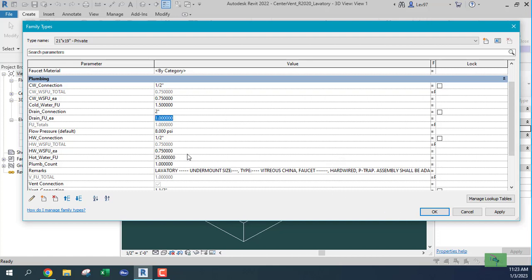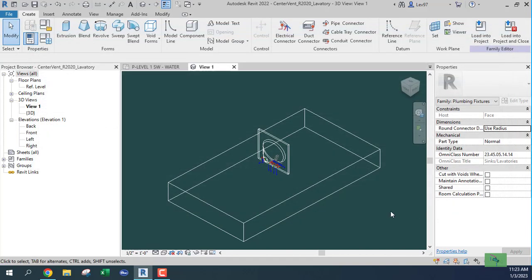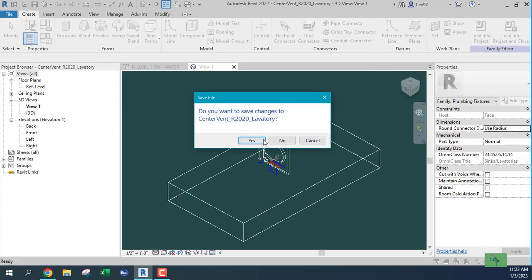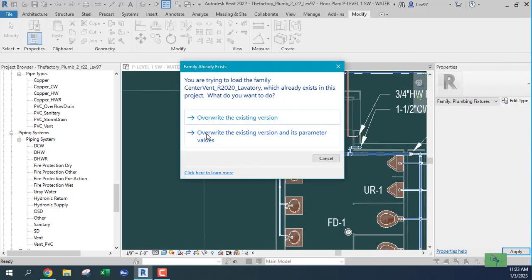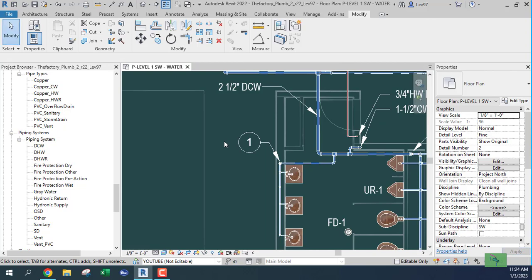I'm going to change that back, but we know that the hot water fixture units for lavatory is not 25. It's 1.5, but I'm just trying to make a point here with this demonstration in terms of Hunter curves. So I'm going to say yes to all of these. Do I want to replace the file? Do I want to overwrite the parameter? And I'm going to say yes.